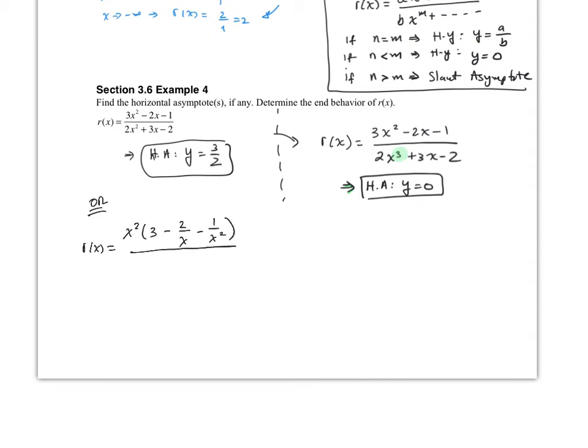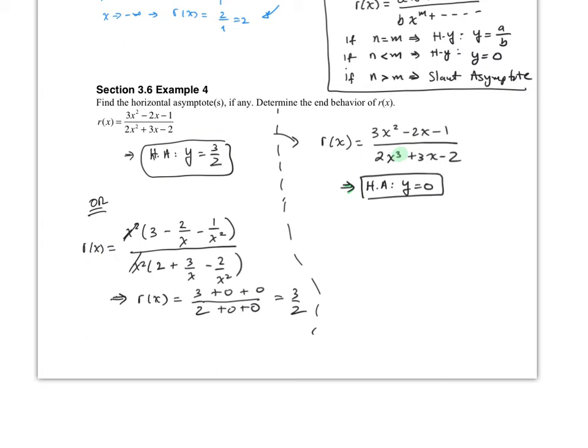And on the bottom, this will be x squared again, times 2 plus 3 over x minus 2 over x squared. And like I told you, this cancels, so that means r of x is approaching 3 over 2. This will be 0, 0, which is just 3 over 2. Okay. So you can just do this for the exam.